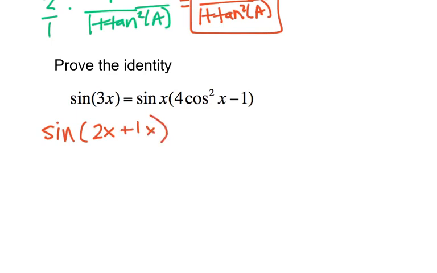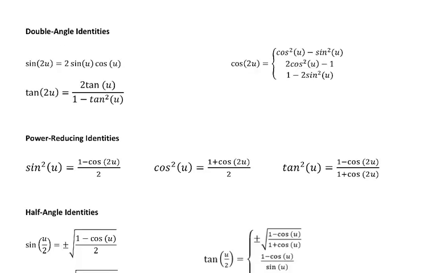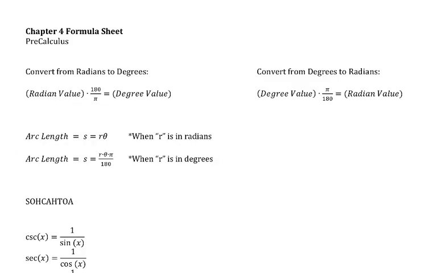And so now we have an addition of sines that we can use from our previous part of the formula sheet, where we added sine angles together. So we're going to use sine cosine plus cosine sine.